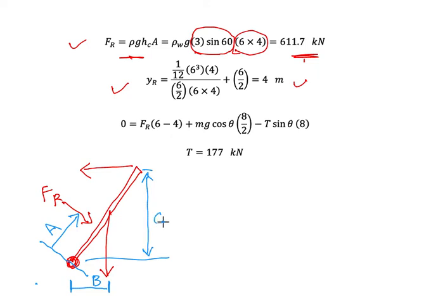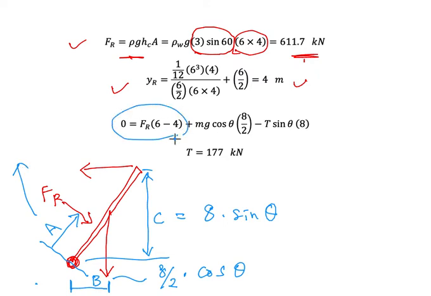According to this, we could take that the distance for T here is 8 sine theta. And then the distance for B here is actually 8 over 2 times cos theta. And then for the distance A here, we need to deduct the value of y_R.